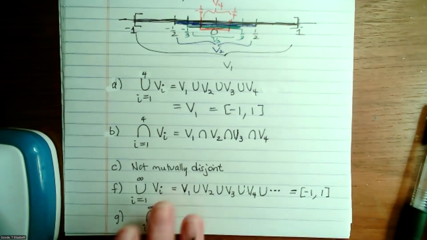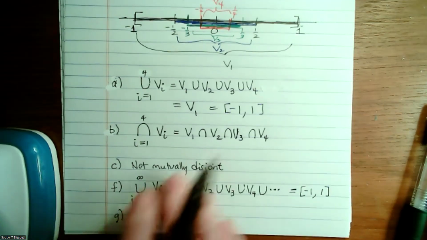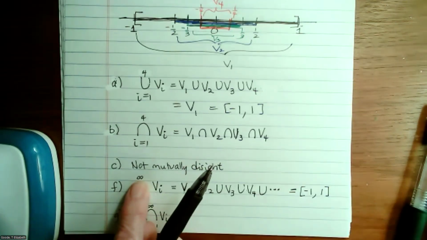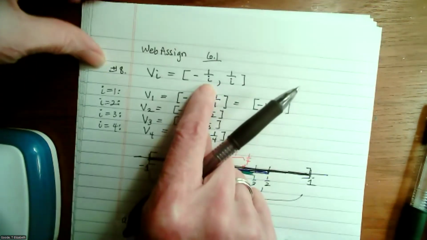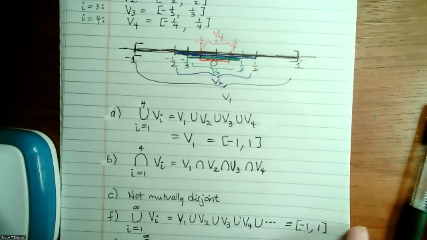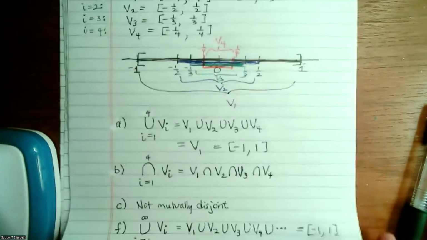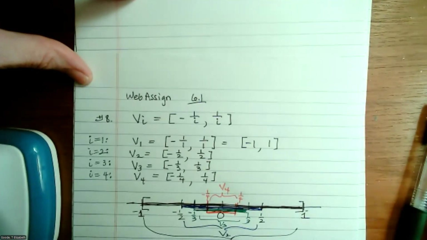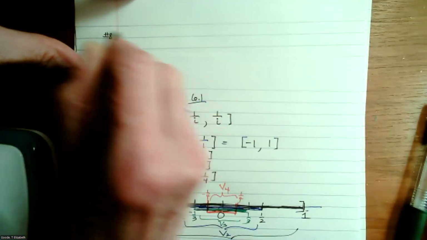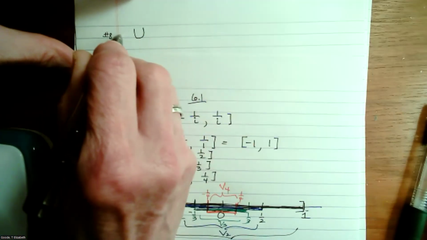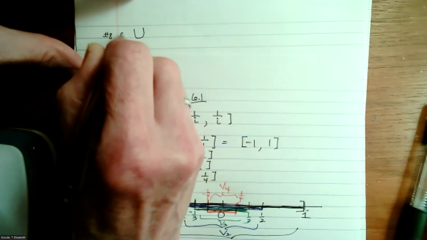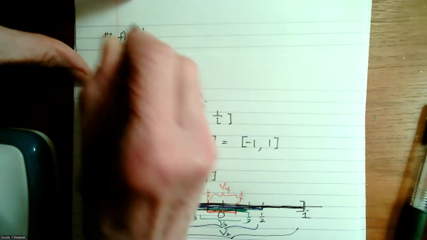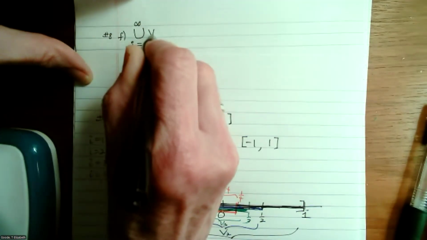Okay. So let's look at what it means as far as plugging infinity into this. Because that's kind of what's going on. So there's our Vi. For part F, the union from i equals 1 to infinity of the Vi.